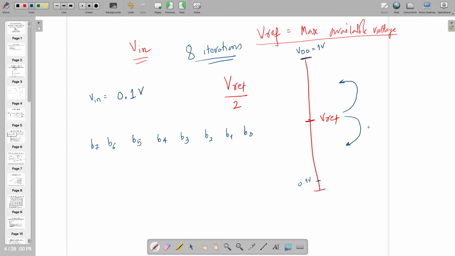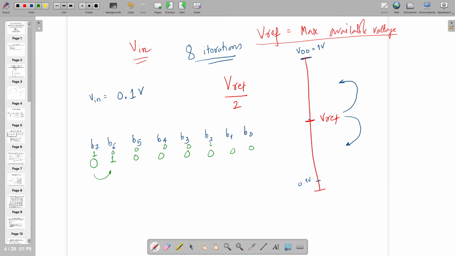If it is lower, then you are going to keep that bit as 0, and you are going to make the next bit equal to 1. So this is the first, actually this is the second iteration, I should say.